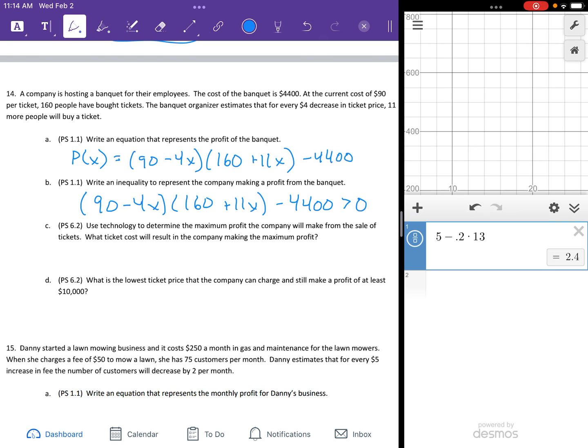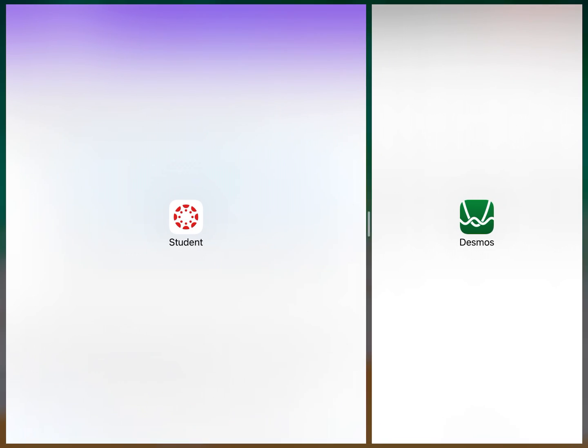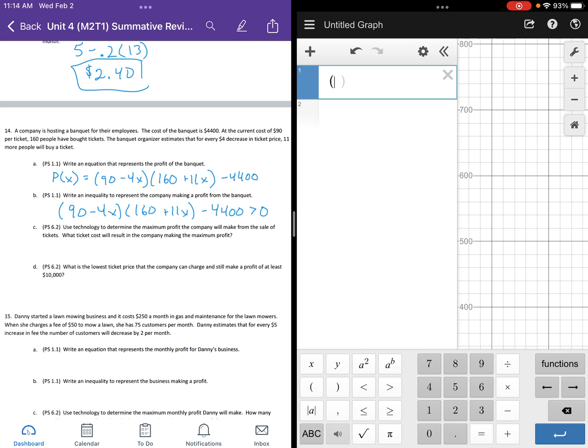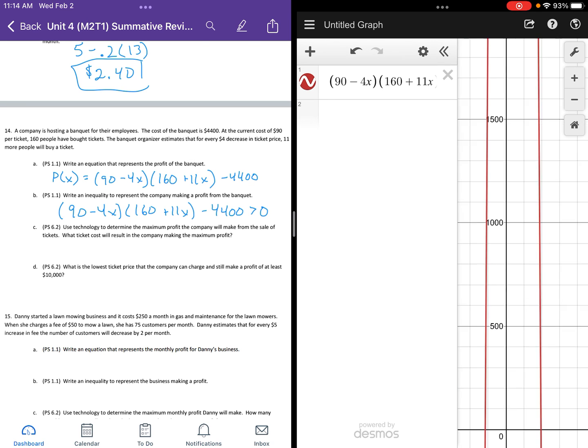Okay, so now, like before, we're going to switch over to Desmos and write our equation in here. So we have 90 minus 4x. We have 160 plus 11x. We have minus 4,400. So we got to figure out where this is.